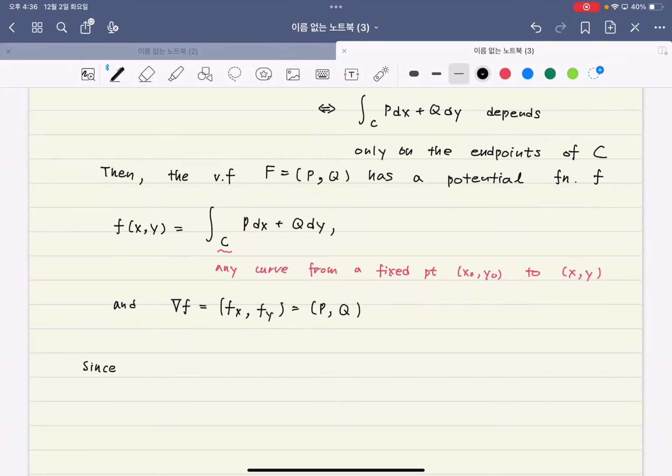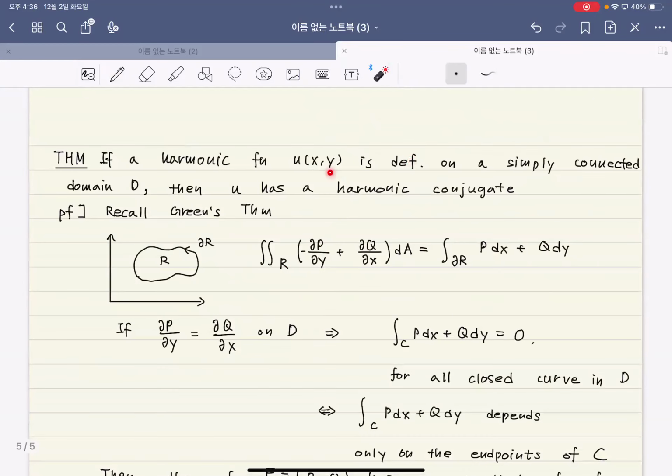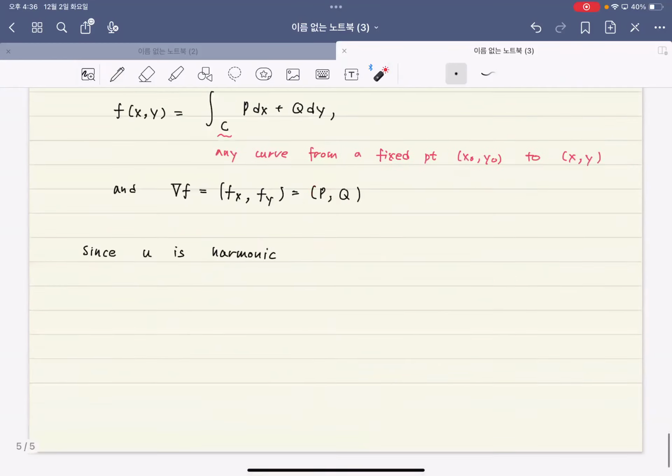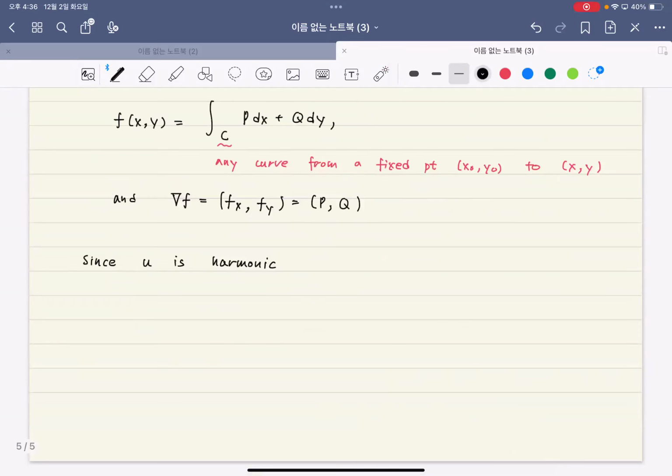Since u is harmonic, because we were assuming that u is a harmonic function, so u x x plus u y y is going to be 0.